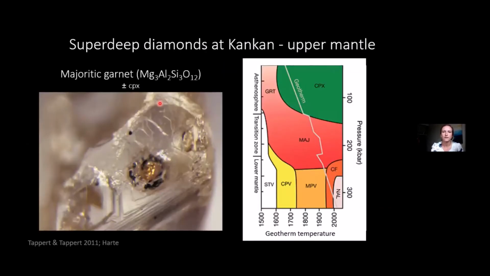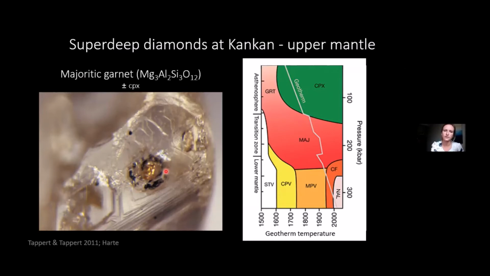However, as I mentioned before, the Kankan deposit also has two types of super deep diamonds, and one type of those diamonds are diamonds where you have inclusions of garnet with a majoritic component. And this majoritic component is simply an excess of silicon in this garnet structure, and is generally just derived from the dissolution of pyroxenes into the garnet structure.